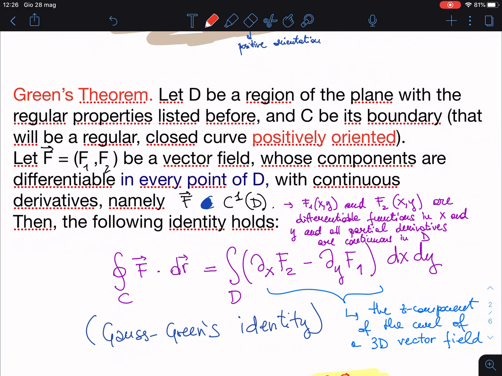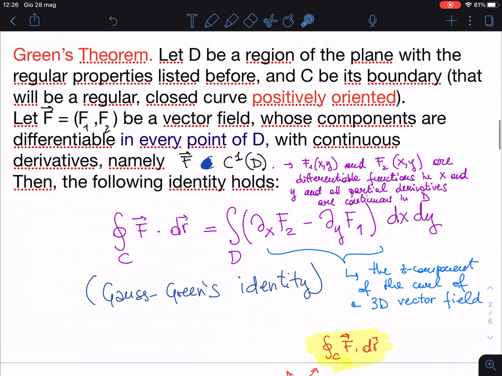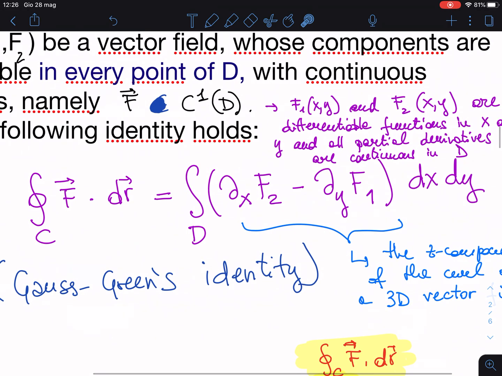Basically, if you just look at the formula, this one here, the purple one, it says that the circulation of a field F on a positively oriented circuit C is equal to the double integral on the internal part of the curve D of this difference of dxF2 minus dyF1.